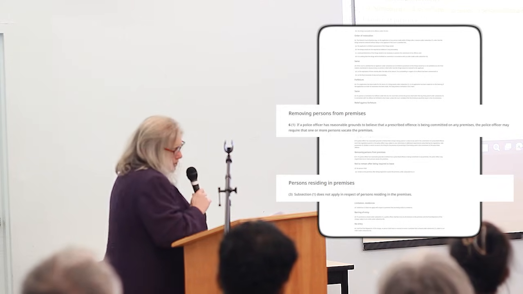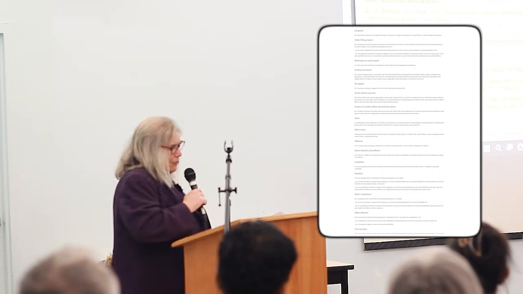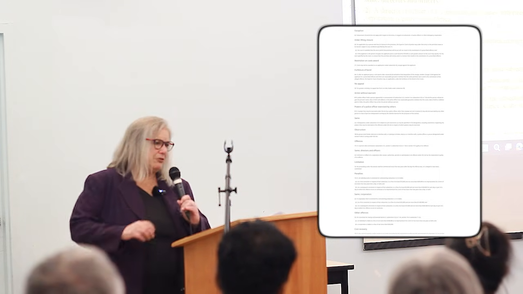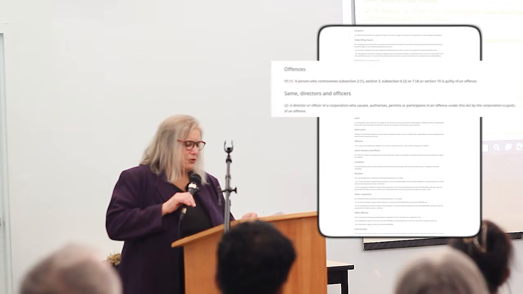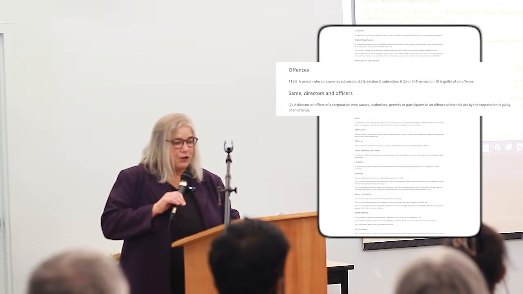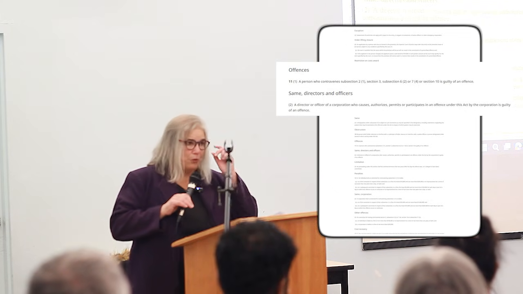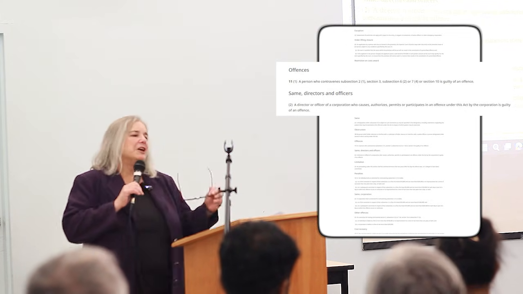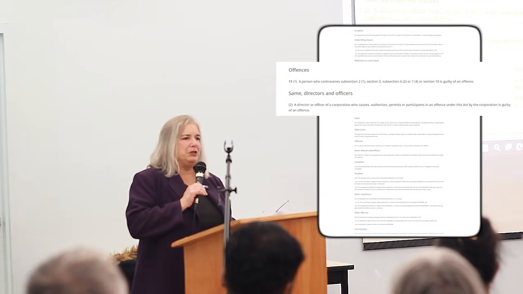So if we can go to offenses, it'll be the next highlight. Yes, I am talking to you in legalese, but I'm going to break it down. So, offenses. A person who contravenes the act is guilty of an offense. The same goes for directors and officers of a corporation. What that means is that corporate protection that you have is out the window.